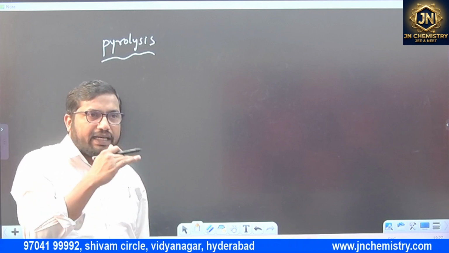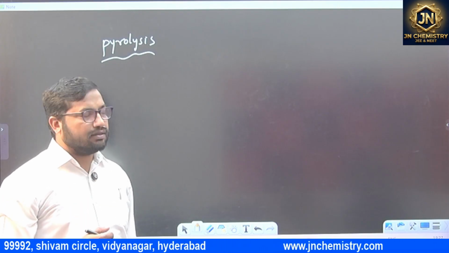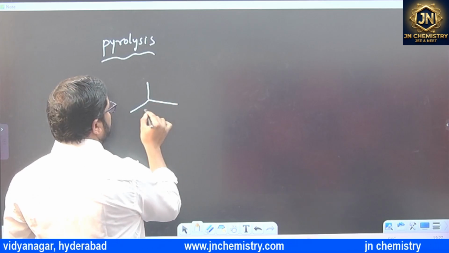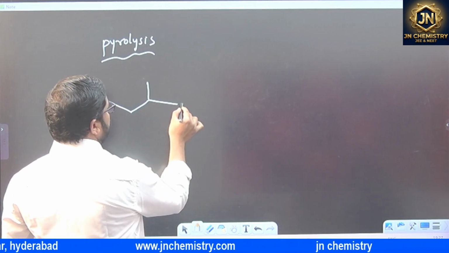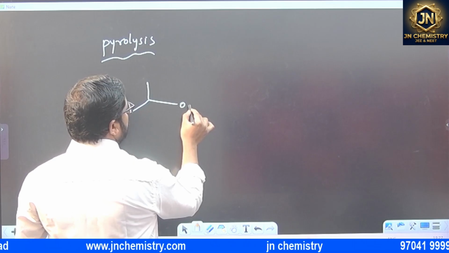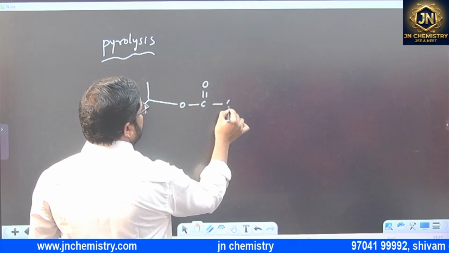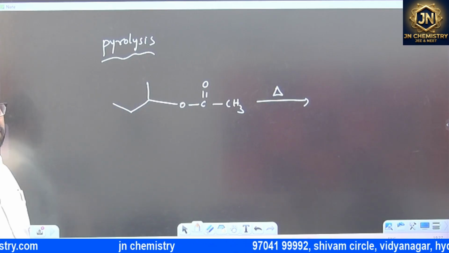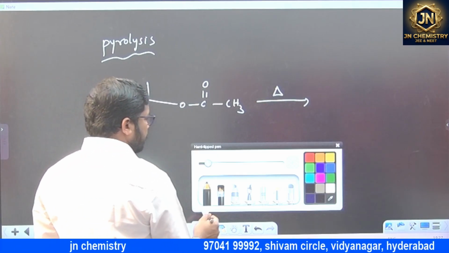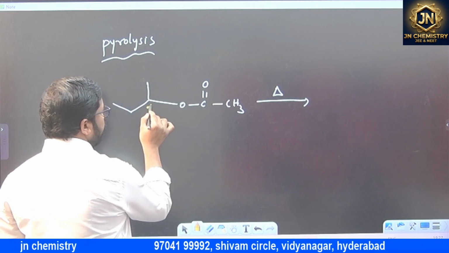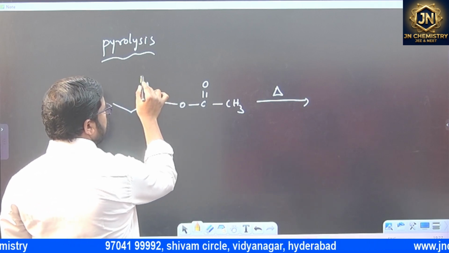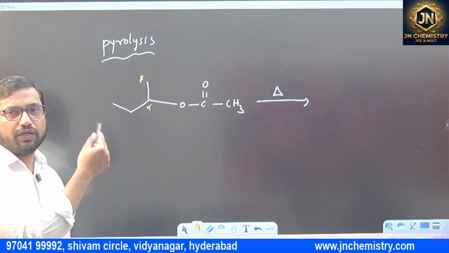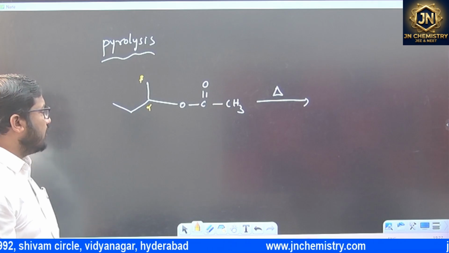From esters, for example, this is an ester. Try to understand, beta hydrogen must be present. This is alpha, here is beta, because in this case Hofmann product type alkenes are forming, meaning less stable alkenes.